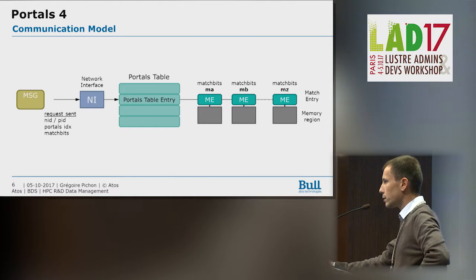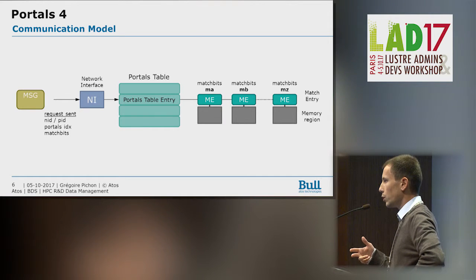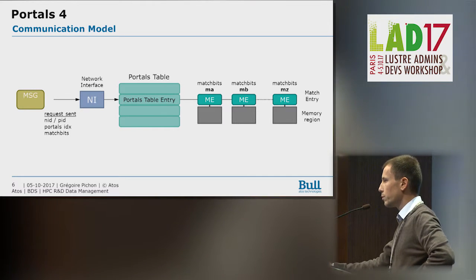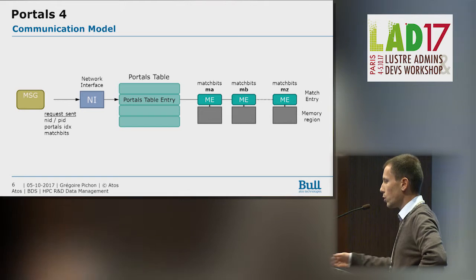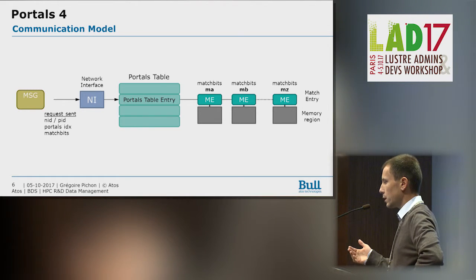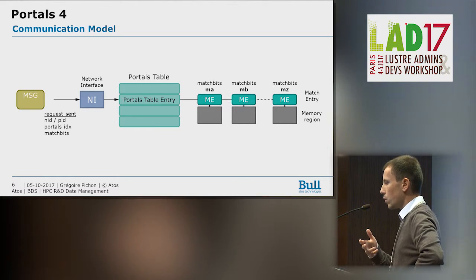Through that communication endpoint, the node exposes some portion of its memory regions, and this is defined with the match entry. You add the match entries to a list that is scanned when a message is received.